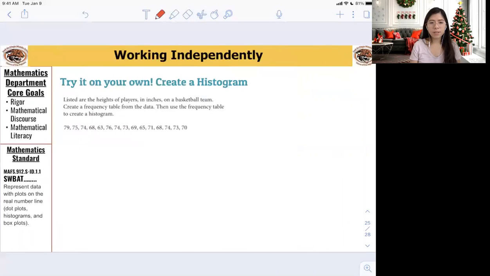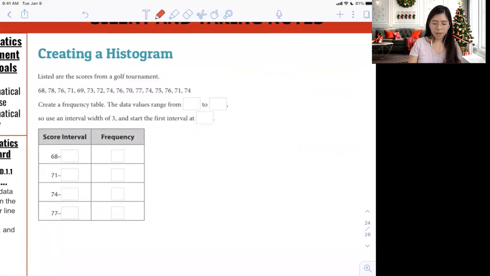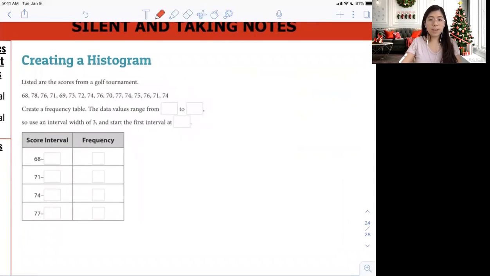So what I'm going to do first is let's actually make one. I'll do this one. Okay, so creating a histogram. The first step is figuring out the range of numbers that you want to measure. They kind of started it for us in this example, but I look at my list and I notice that all the numbers in my list are between 68 and, what's the highest value? 77.